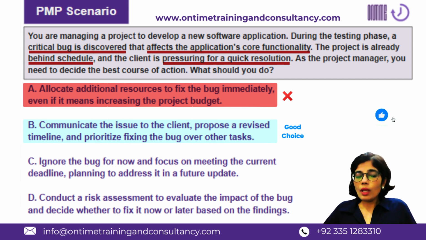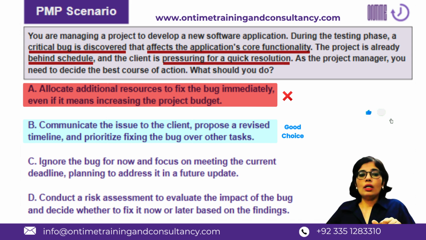However, proposing a revised timeline, right, and prioritization of this bug over the others, and like whatever is going on in the project, again would demand some analysis, some understanding, some data, some connectivity, some integration points in the project. You definitely have to propose a revised timeline, a revised budget, and what is going to be changed in the project because of this.